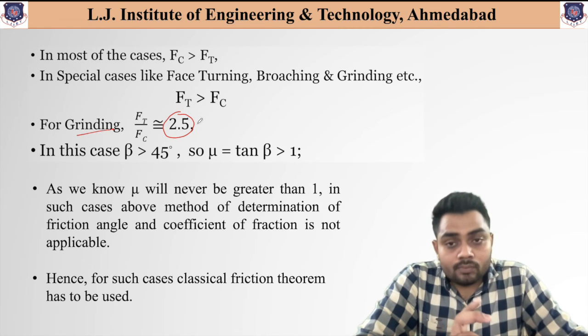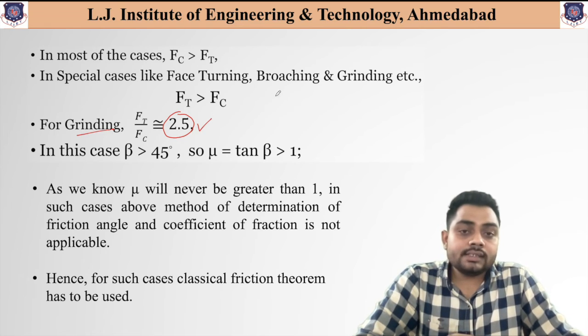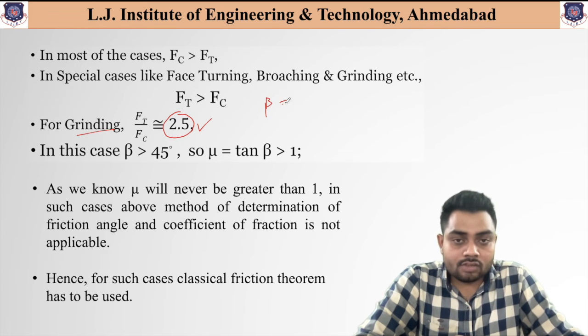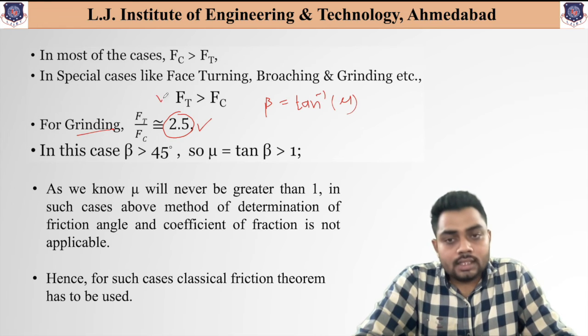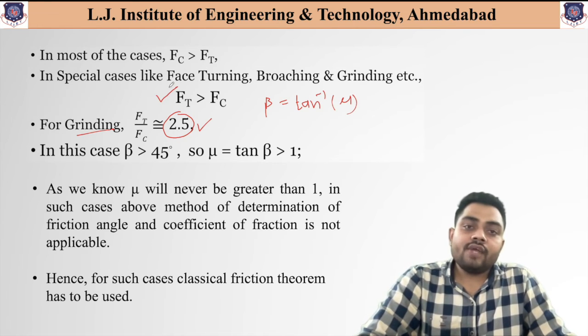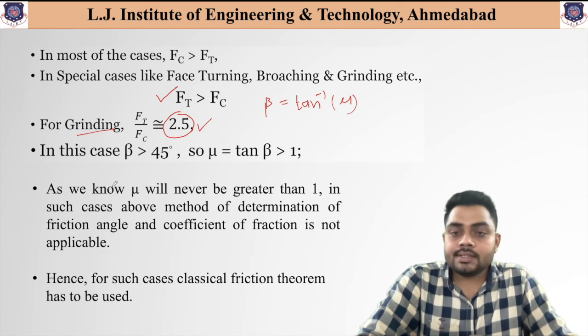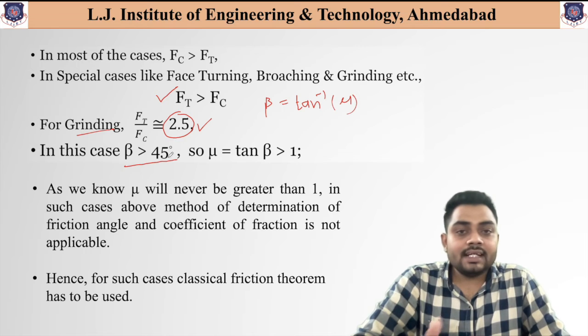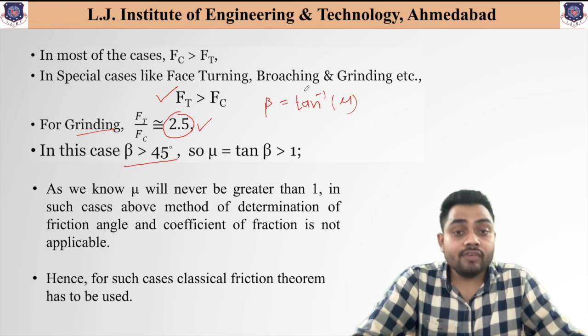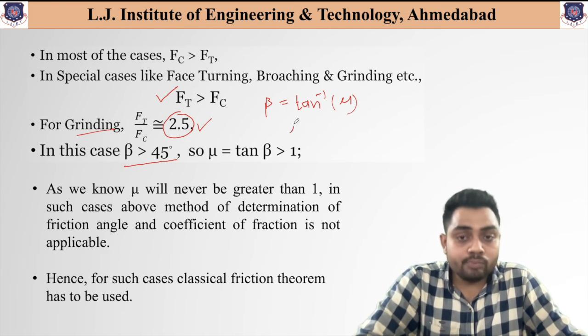So from this ratio, and we also know the relation beta equals tan inverse mu, due to the ratio of Ft being greater than Fc, the angle beta becomes greater than 45 degrees, and if the angle beta is greater than 45, we get a value of mu greater than 1.